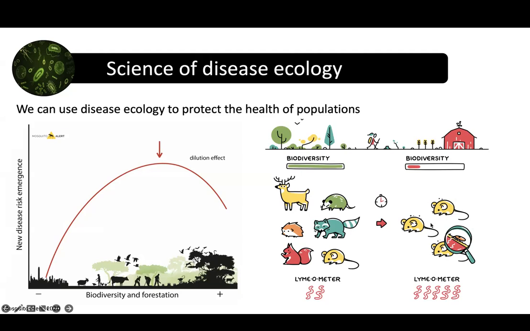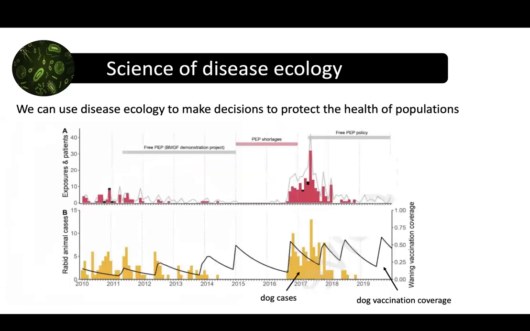So, as hopefully implied or shown by now, the environment is directly tied to ecology. Human-induced environmental changes such as landscape fragmentation and predator suppression can inadvertently increase disease risk by reducing biodiversity, as seen in this example. We can use disease ecology to make decisions to protect the health of populations by tracking how disease persists in the population.